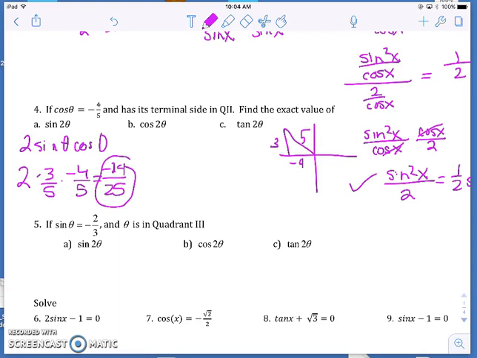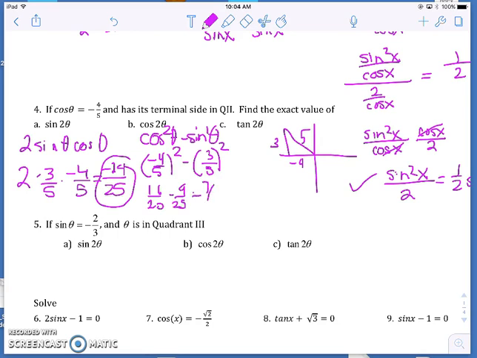The cos of 2 theta, that's cos squared minus sine squared. So cos squared, -4/5 squared, minus sine squared. So we have 16/25 minus 9/25. So that equals 7/25.